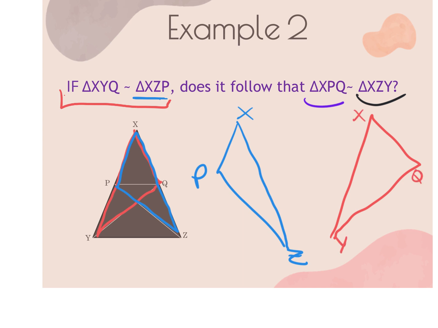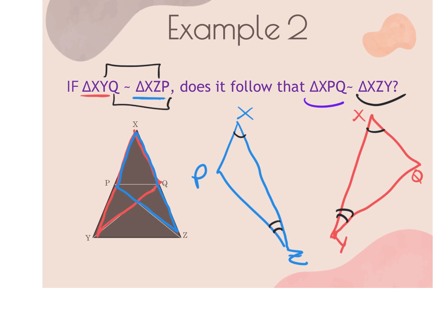And this one is the XQY. Now remember, when 2 triangles are similar, their angles are going to be congruent. So let me go ahead and add in the congruency marks. So X and X are congruent. Y and Z, the middle letters, are congruent.